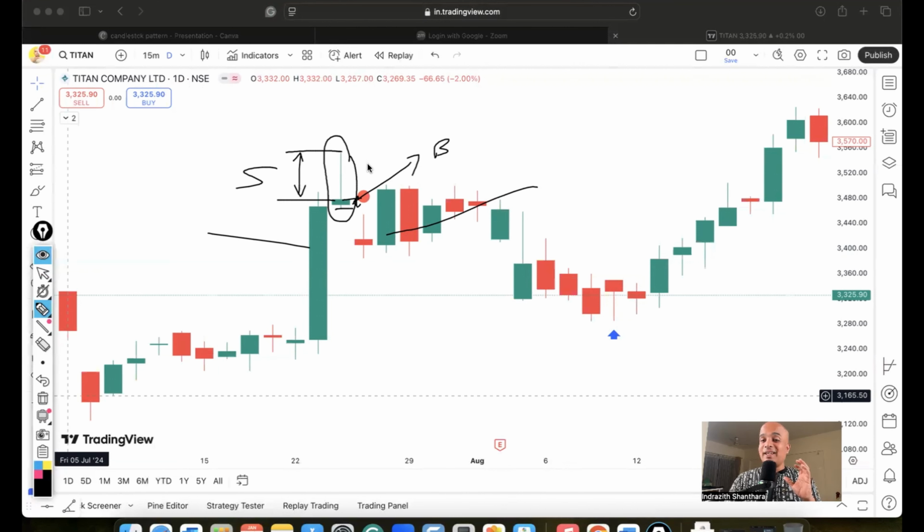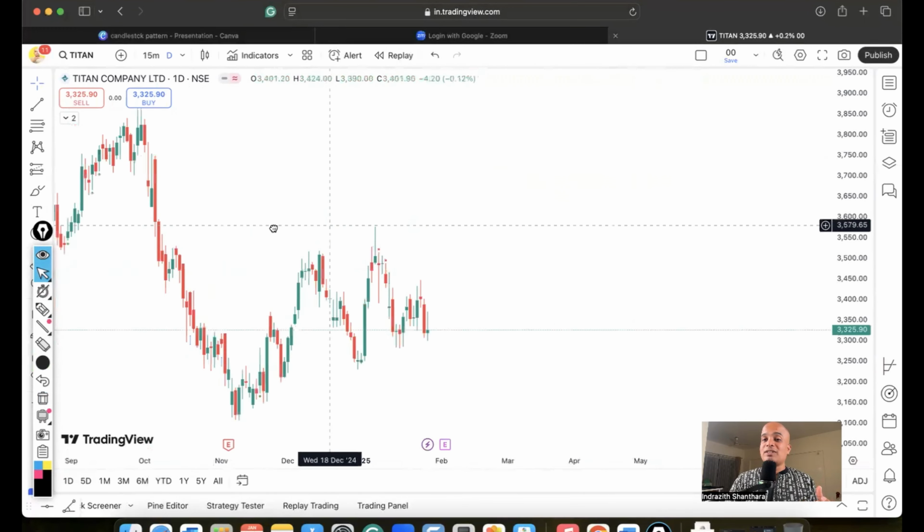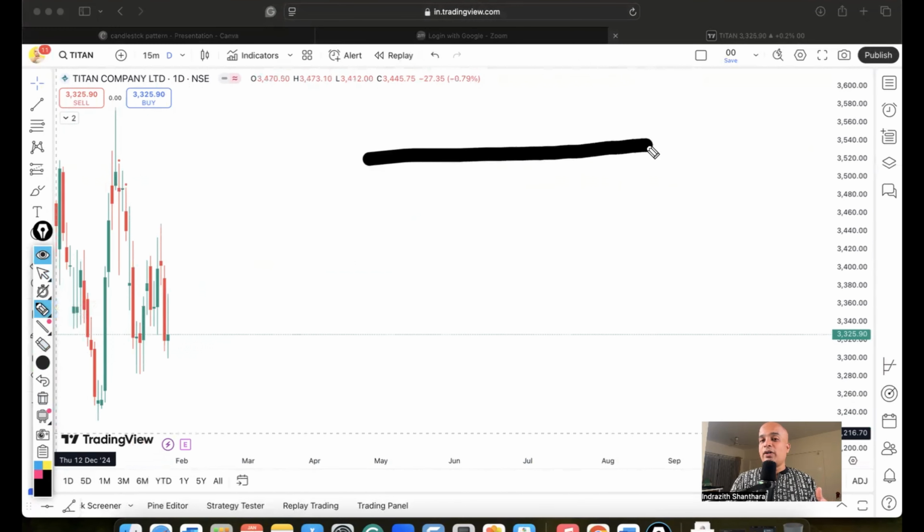As I said earlier, friends, you should not use the candlestick pattern independently. You should use it at an important support zone or resistance zone. Let's say there is a strong resistance zone here, and price comes here and displays a resistance, for example a big bearish pin bar.